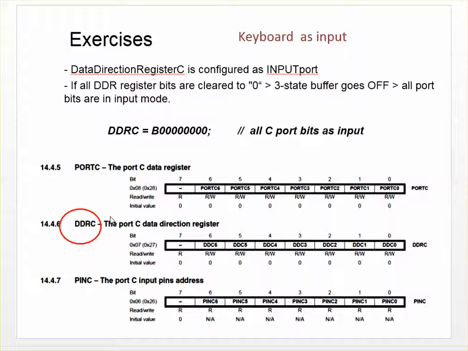The same idea applies to all the other ports also, C, D, A and B. Only the letter after the data direction register name defines which port we are influencing.